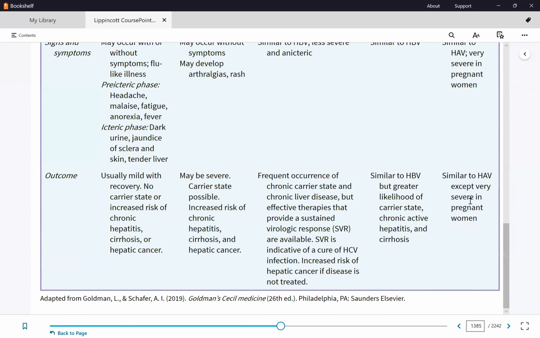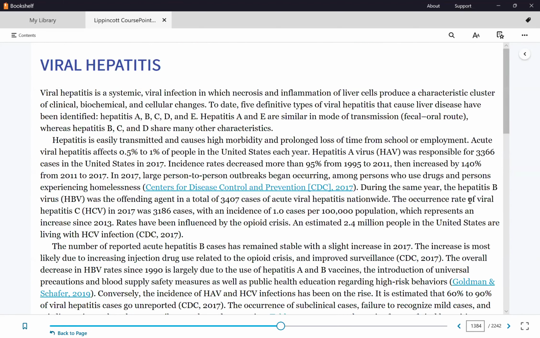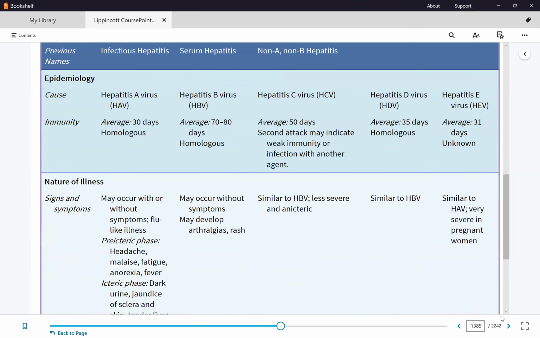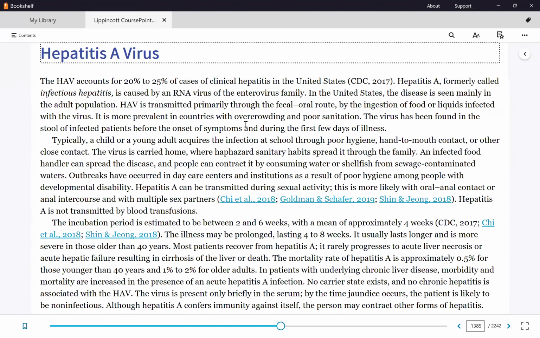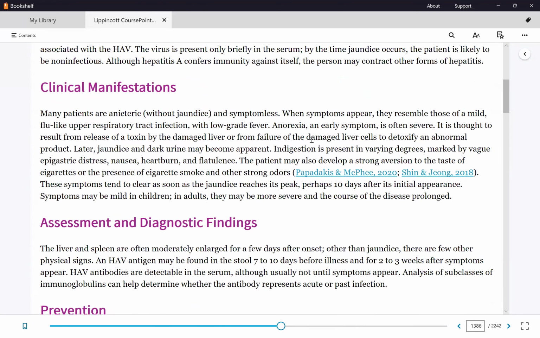They're not all discussed in this page because this is just an overall. As you go to the next page, this one discusses hepatitis A, how it is transmitted, and the manifestations. They're typically the same.